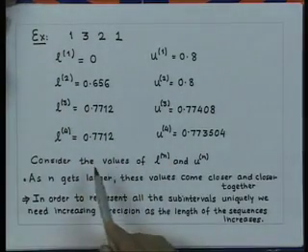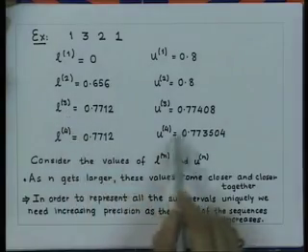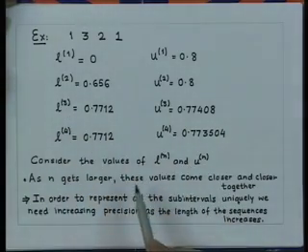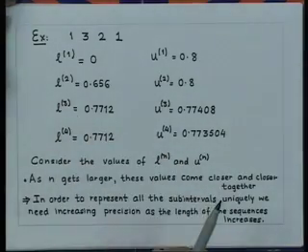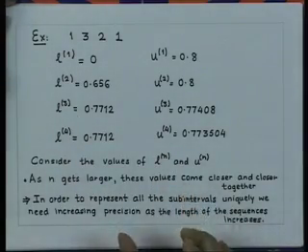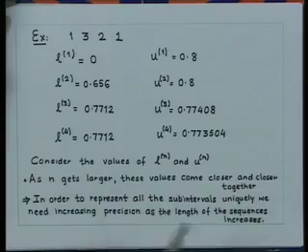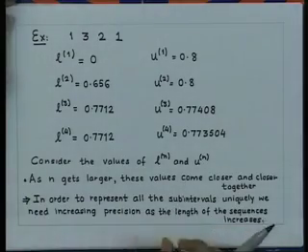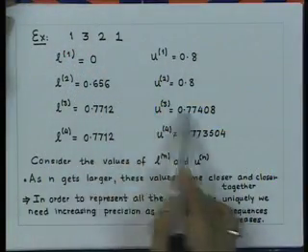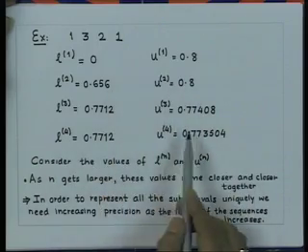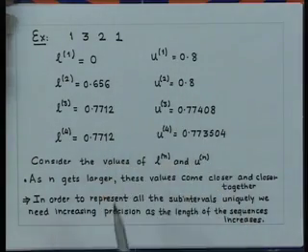So, from this result, it is clear that as n gets larger and larger, these values of ln and un come closer and closer together. So, the difference is less than 0.8, and this difference is still less than this, and this difference is still less than this.